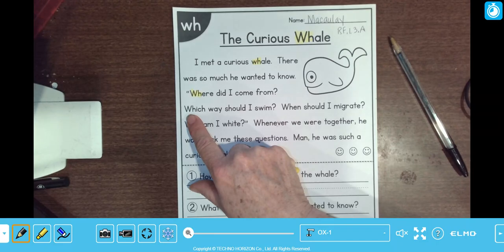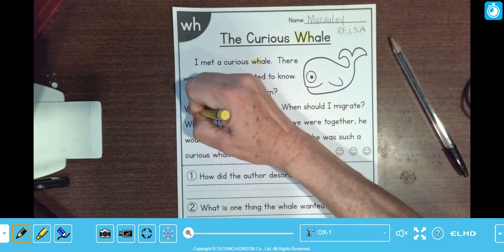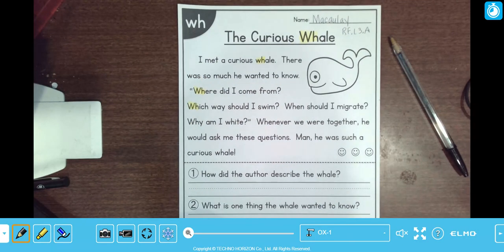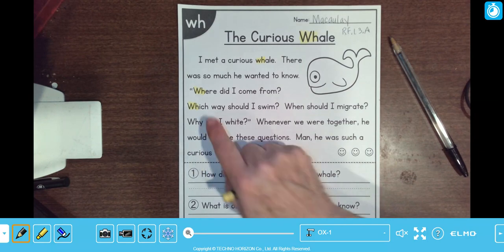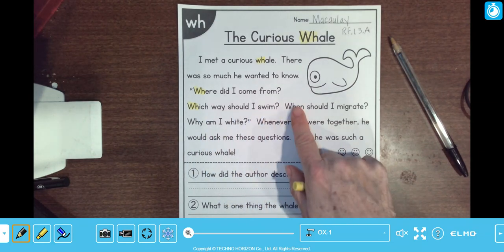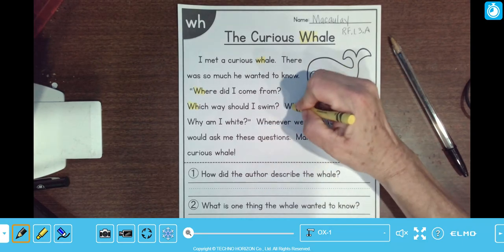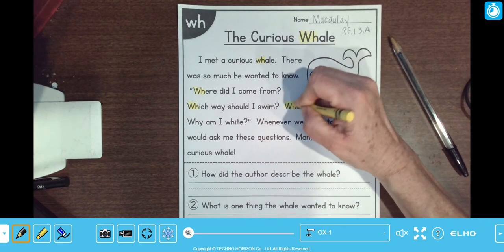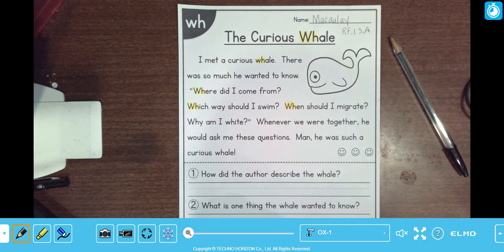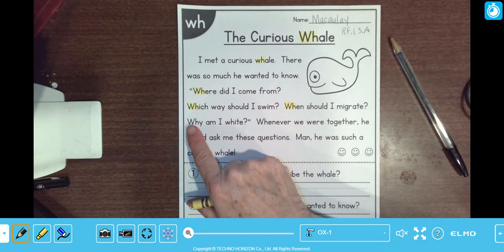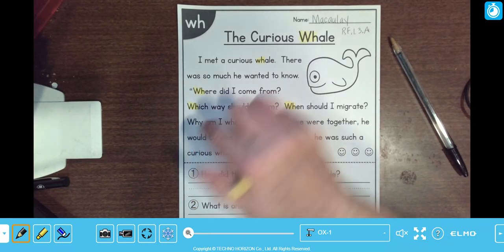There's another WH right here, so I'm going to color that in. And if I'm going too fast, you just pause the video, okay, so you can catch up. Right there, there's a WH there. There's another one right there.